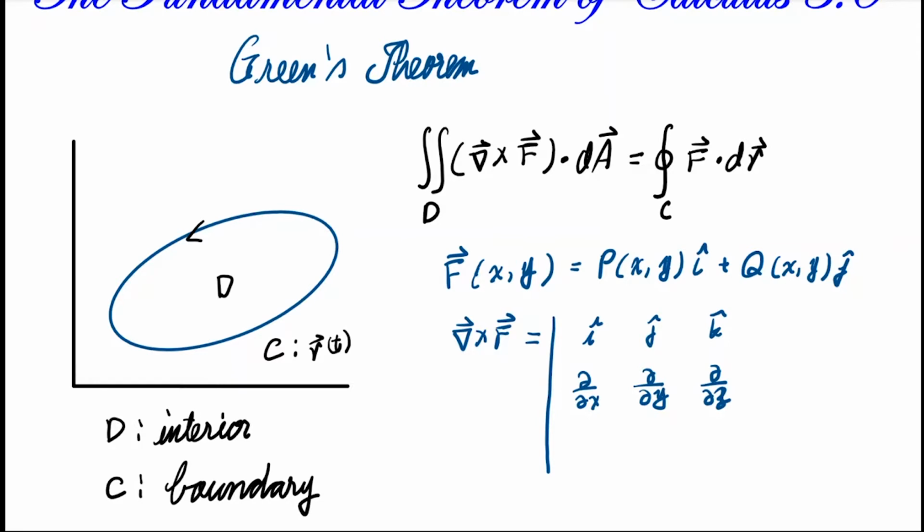Your gradient was this thingy applied to a scalar function, your potential function. Now we are actually crossing it with a vector field, and this has P, Q, and 0. You with me?